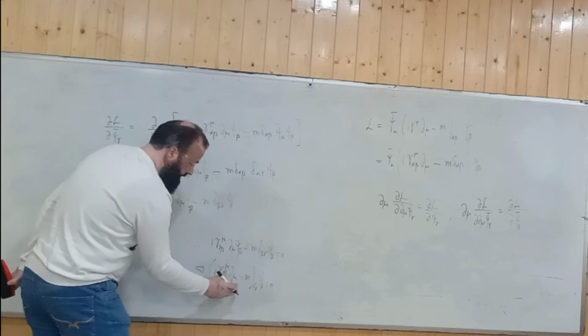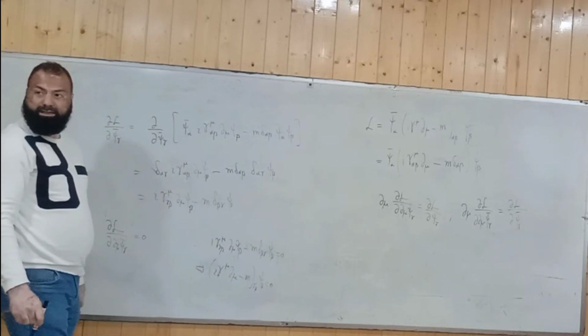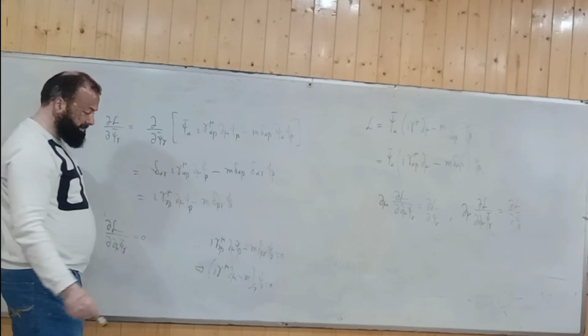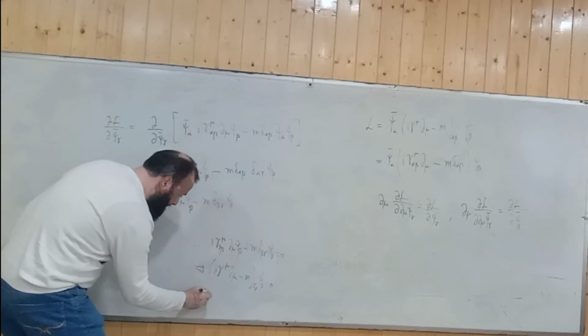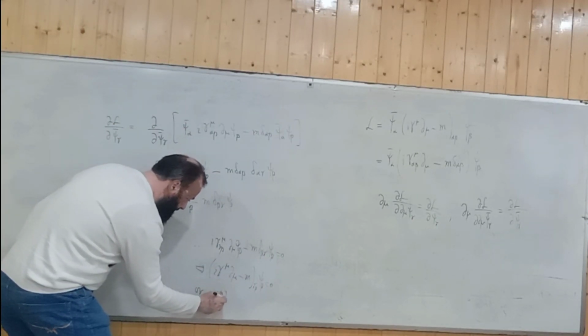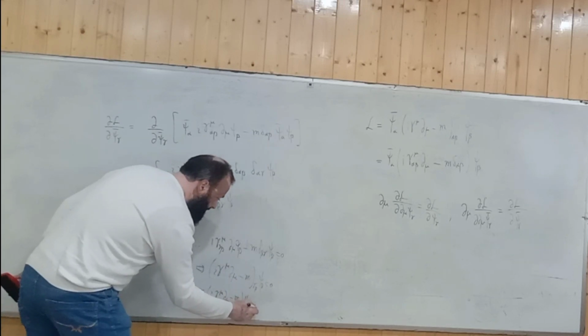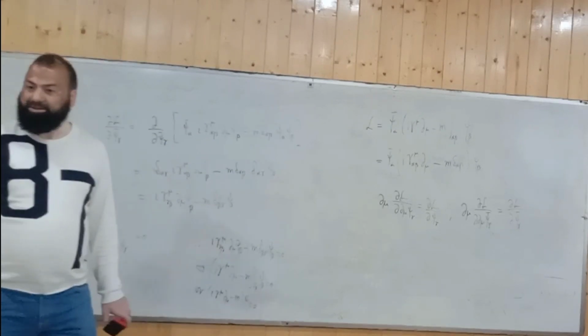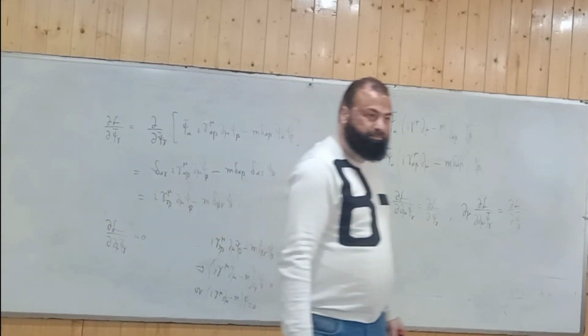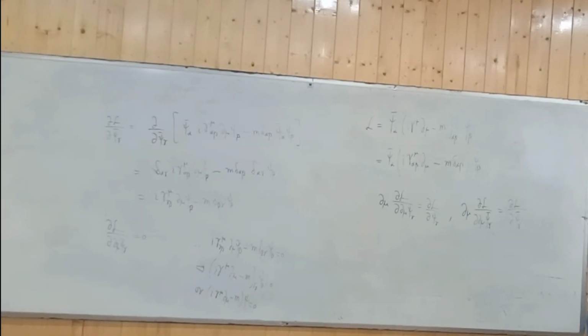Can you write it? Simply you put the gamma beta index outside. Or you can simply have i gamma mu partial mu minus m acting on psi, that's equal to 0. So you got your Dirac equation back. Got it? Any question? So that means the Lagrangian we have written yields the correct equation.